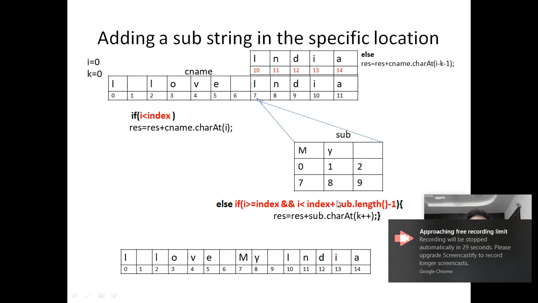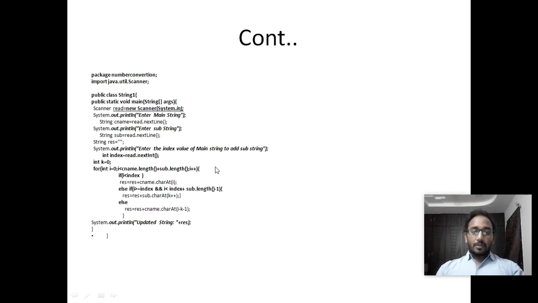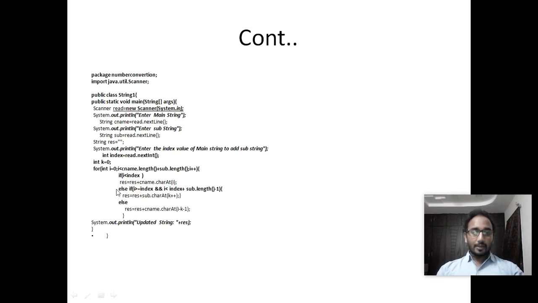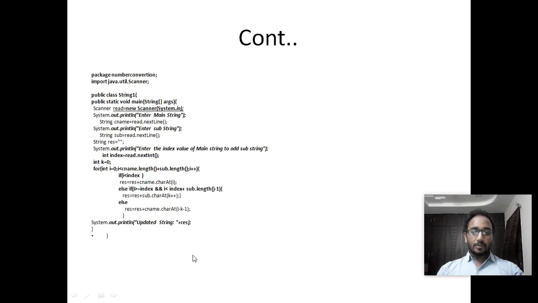I use this code, from 7 to 9 will be copied, and the rest of the characters will be copied by using the else part. So the resultant string will be this. If I add all these if-else parts, then I can integrate all these things, and I will get the resultant output. So, thank you.